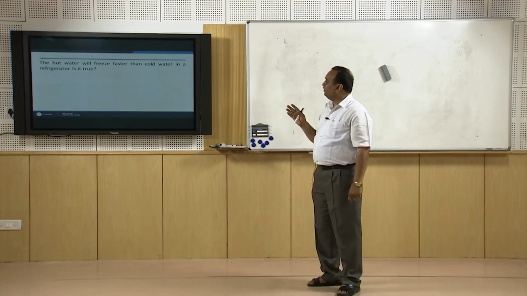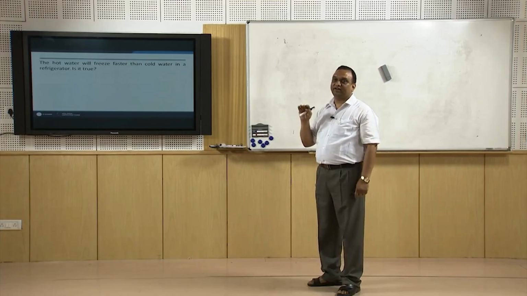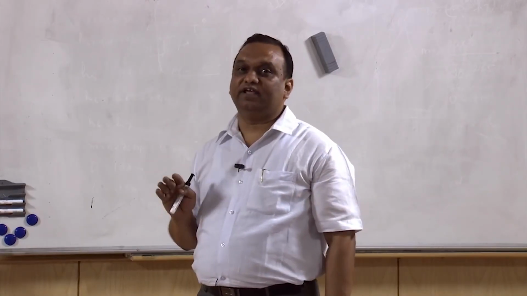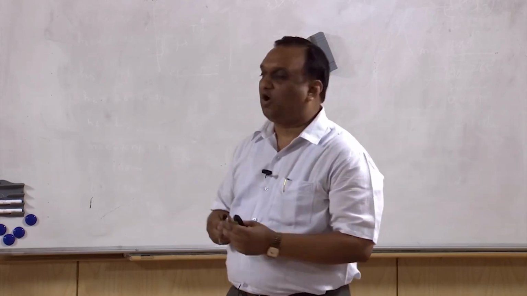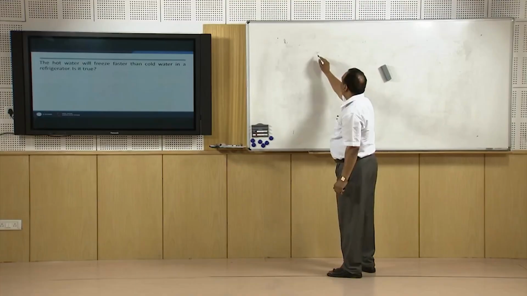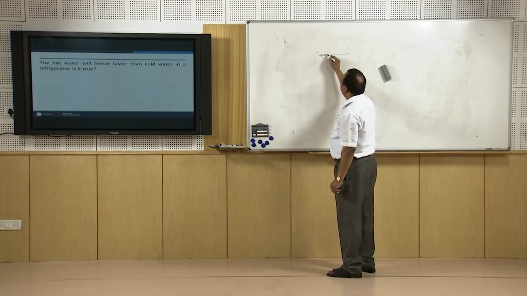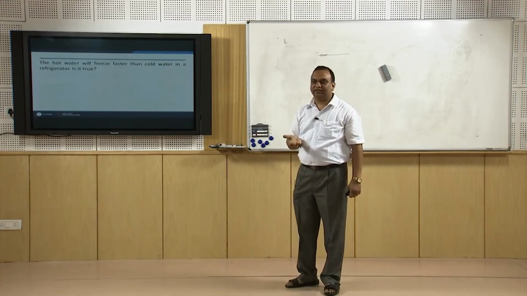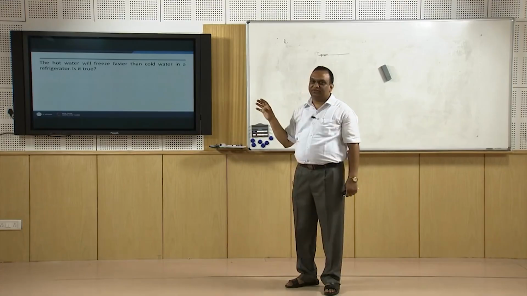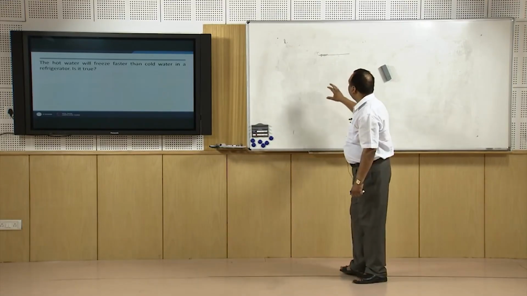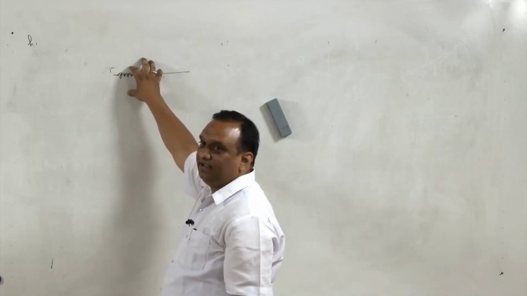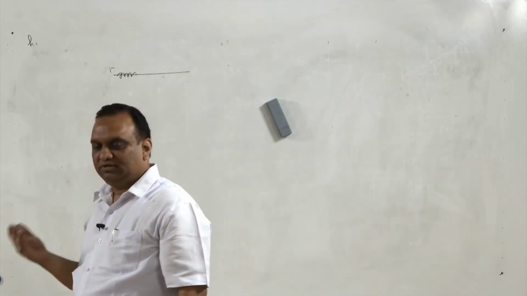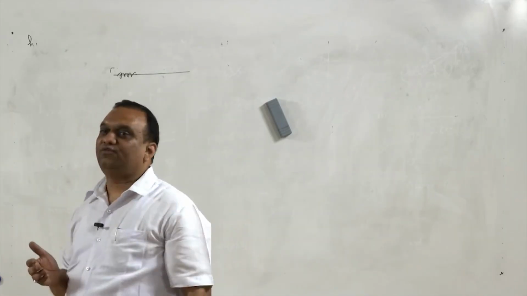But what happens when you keep the hot water tray in the freezer? This happens in old refrigerators where a defreezing arrangement was not there. All the ice which has formed on the evaporator coil gets melted. So, the moment you place the hot water plate inside the freezer, all the ice on the freezer coil melts. That is why the refrigerating effect is improved, and the formation of ice is faster.